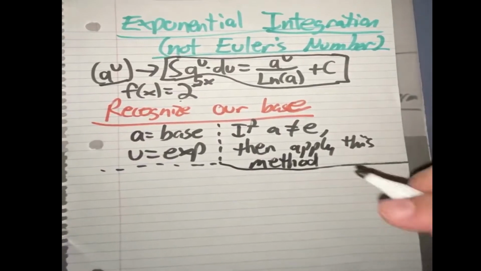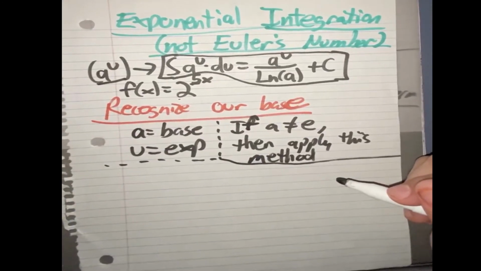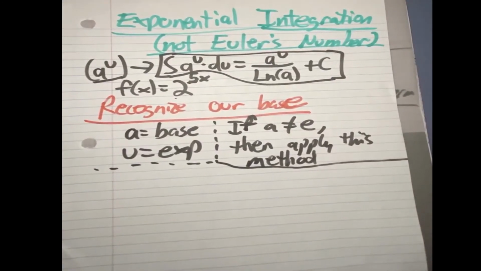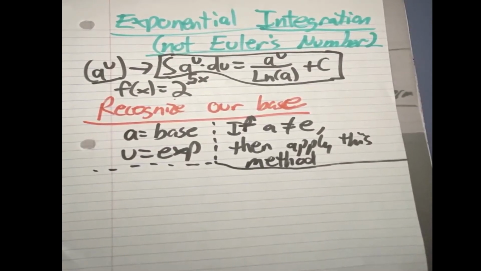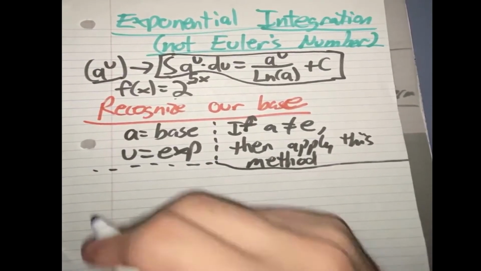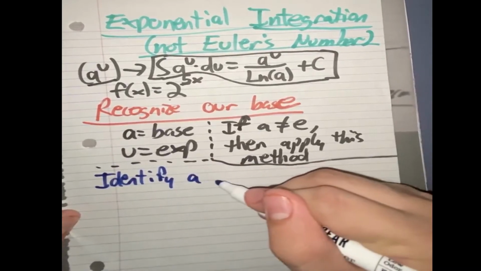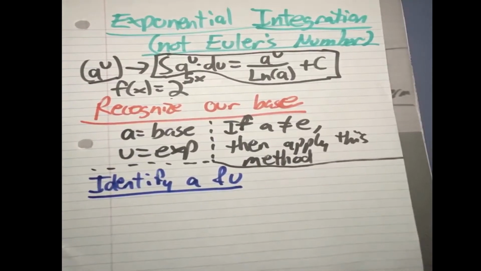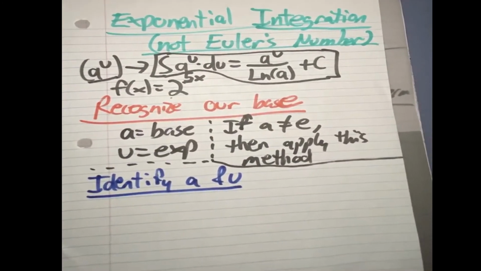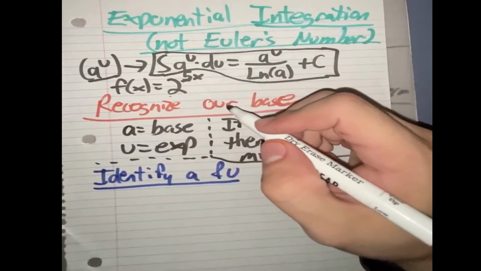Recognize that it's not equal to E, so you apply a different method for integration. The next step is to identify A and U, which is not as straightforward as it may seem, because we have 2 raised to the 5x.